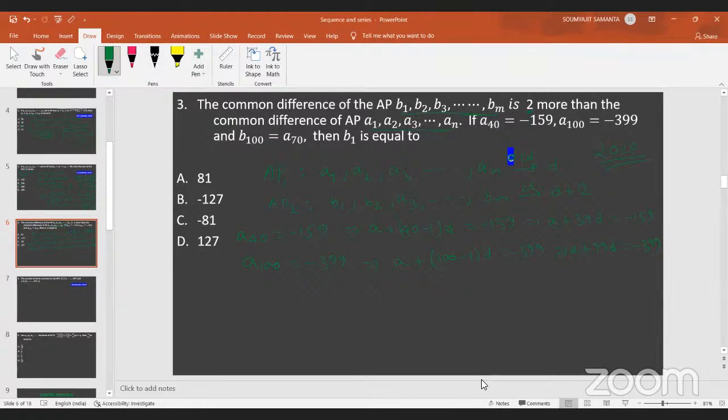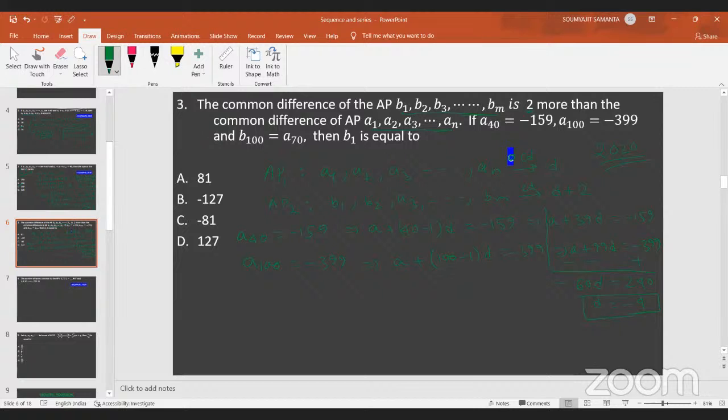So if we simplify these two equations, let me subtract the first from the second. So this will become 39 minus 99, that is 60, equal to 240. So D is minus 4. Clear? D became minus 4.